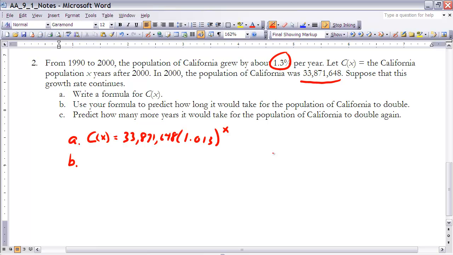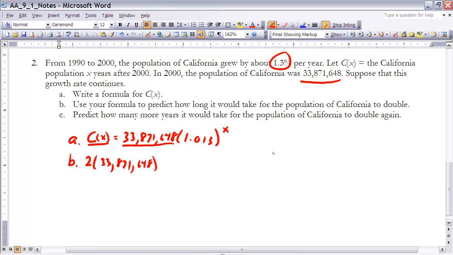Part B says use your formula to predict how long it will take for the population of California to double. So what I really want is for my C of x to be double this number. I'm just going to say 2 times 33,871,648.